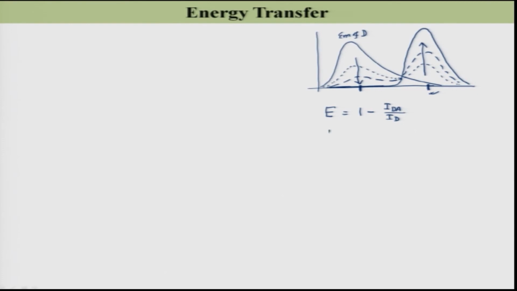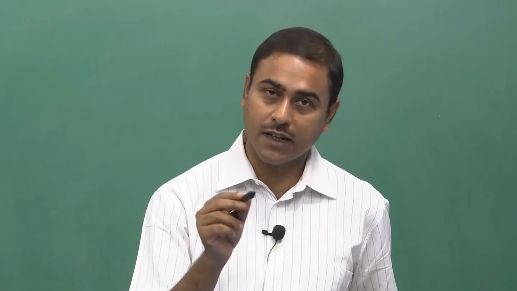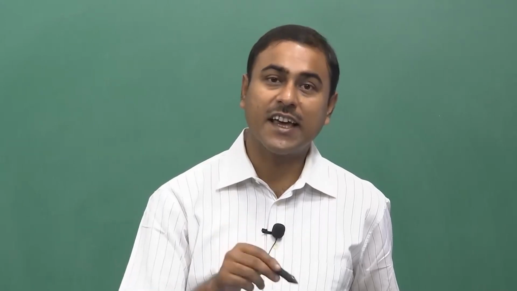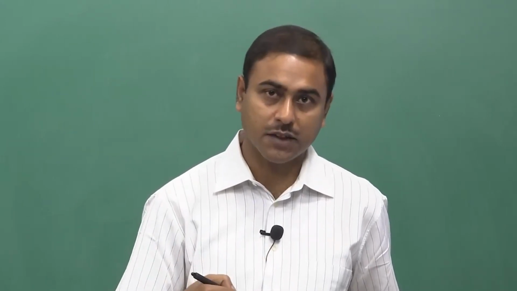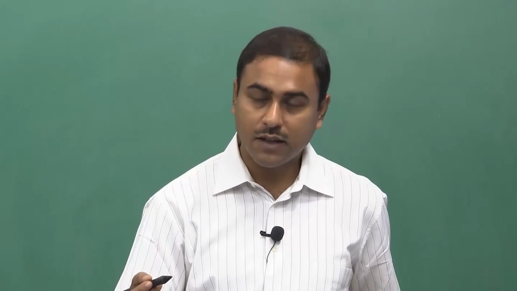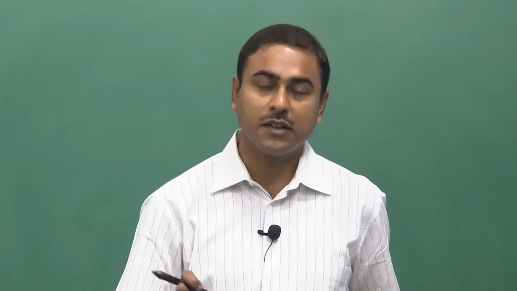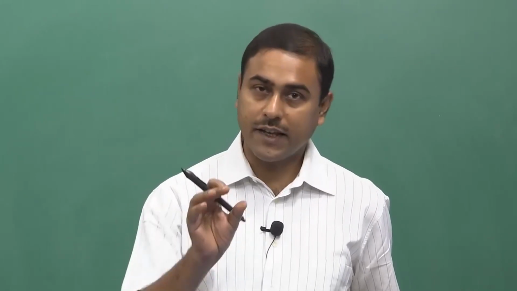Similarly, this efficiency also can be written in terms of the lifetime. In case of energy transfer, the lifetime of this species will also change because of the creation of this additional pathway. What is that additional pathway? That I wrote just a few minutes back as KET. That is why, when I calculated the efficiency, I wrote this KET divided by the total rate constant.